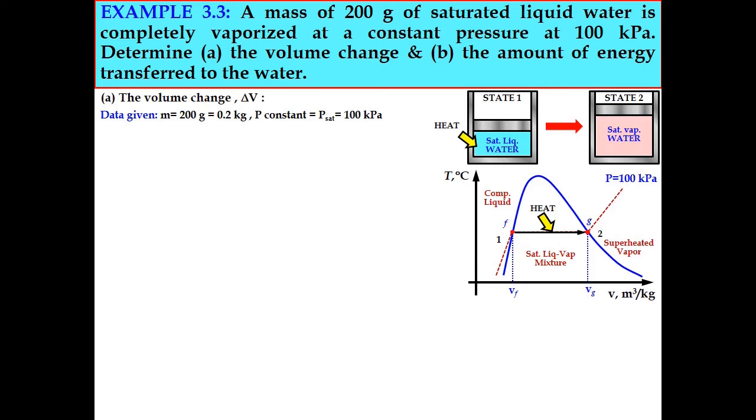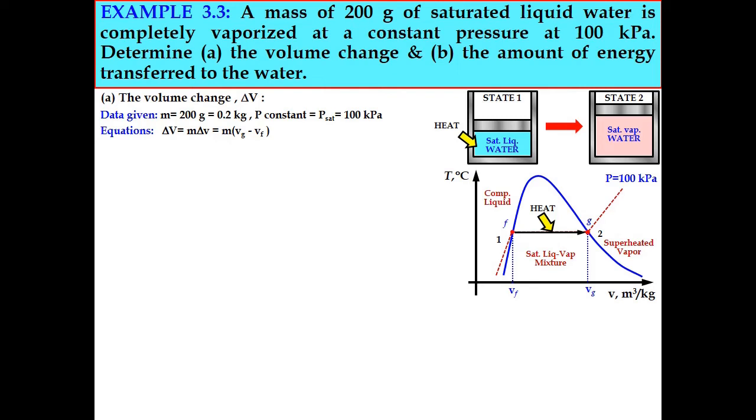The pressure is constant during the process because it involves saturated liquid water and saturated vapor, which is a boiling or vaporization process, where during the process the pressure is constant and also the temperature is constant. The value of P saturated is 100 kilopascal. The equation involved is delta V equal to m delta v, the specific volume change, equal to m times Vg minus Vf.